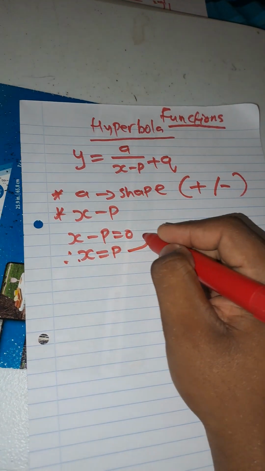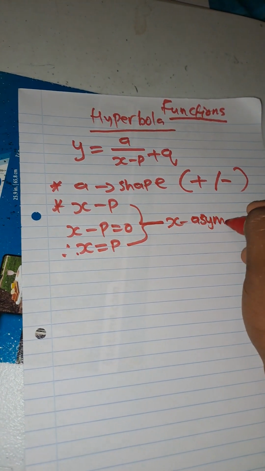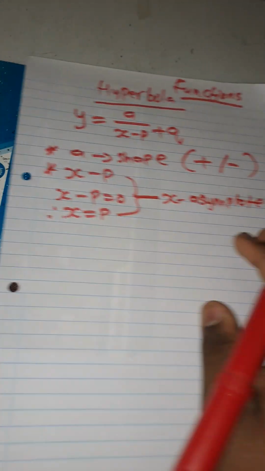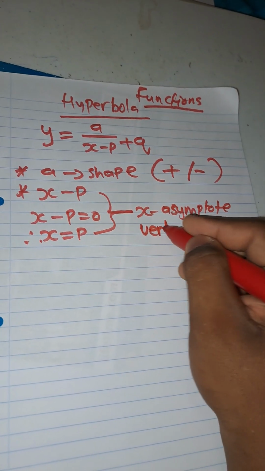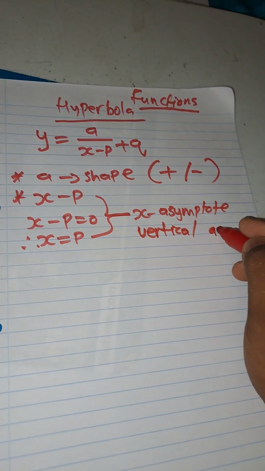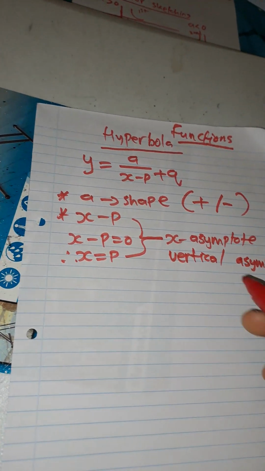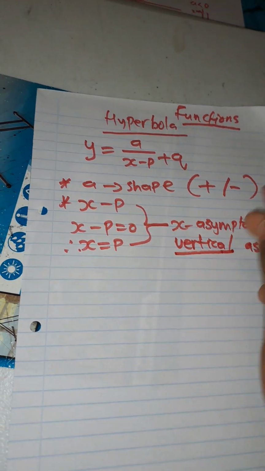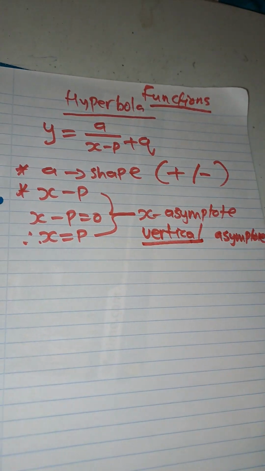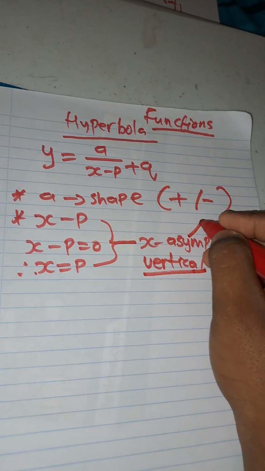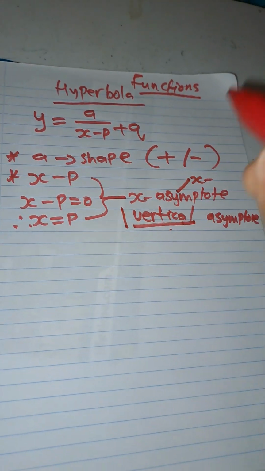And this is the x asymptote. The x asymptote is also called the vertical asymptote. So check this thing: the vertical asymptote, the line, is called the x asymptote. It means it will be on the x-axis, but the word vertical means up to down.